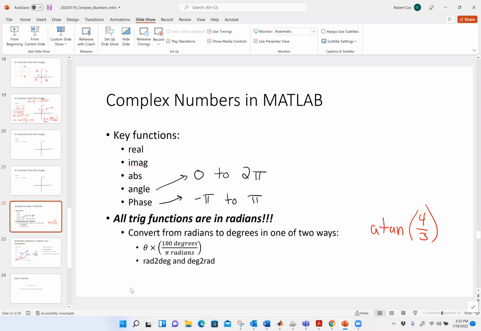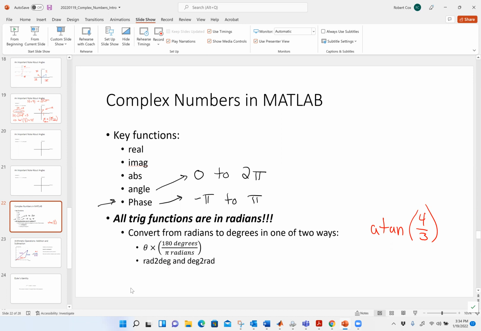Both of those cover 360 degrees, but they do it differently. I will almost always in the homework ask you to give me results in degrees. In fact, I don't know that I ever ask you to do it in radians. I think I always ask you to do it in degrees, and I almost always ask you to do it between negative 180 and 180.